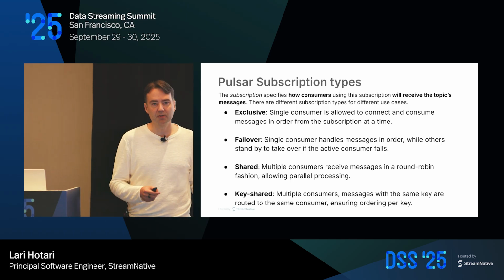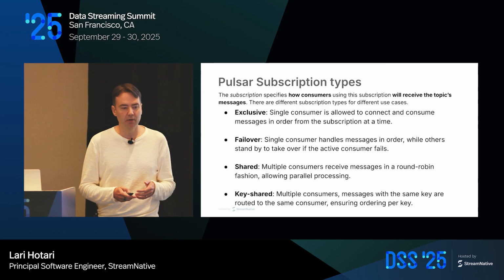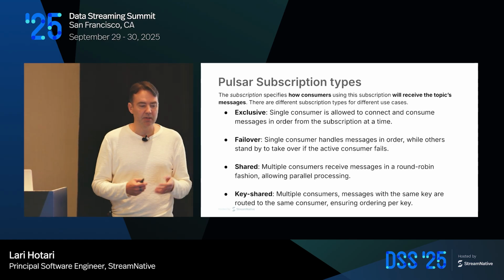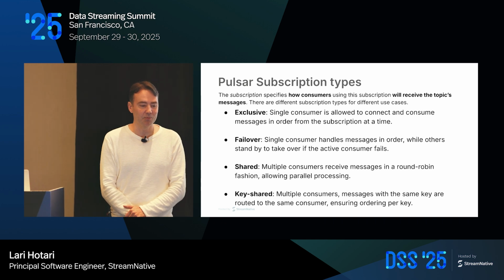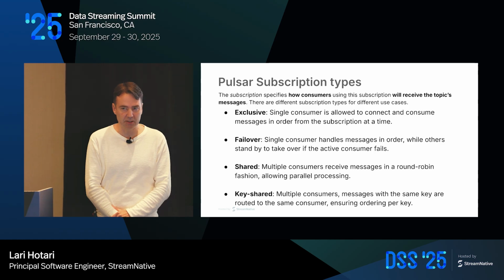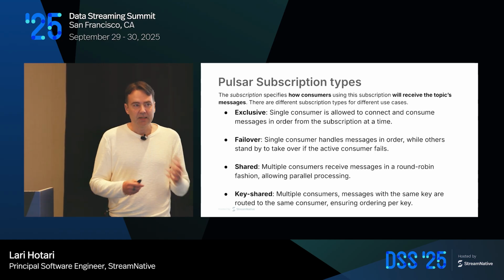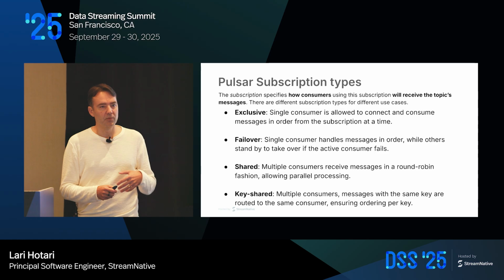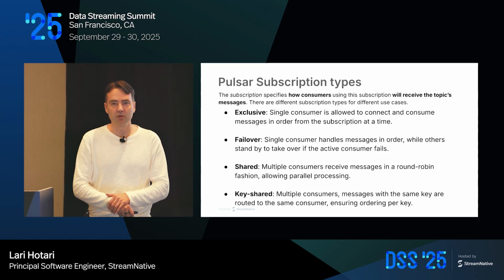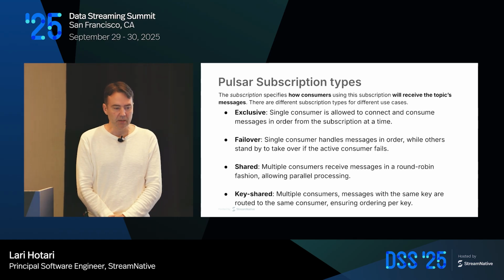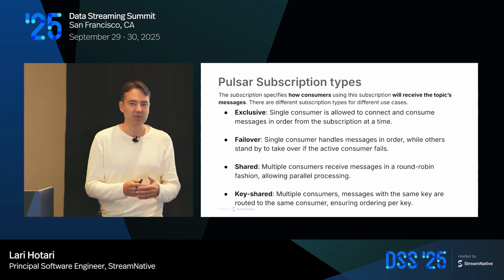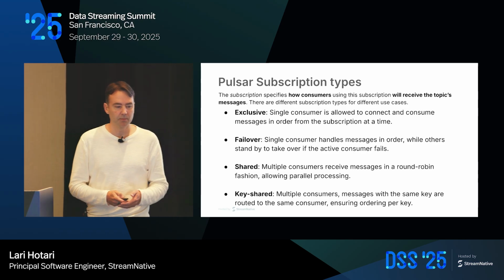And the shared subscription is typically used for scheduling different jobs across multiple consumers, in which it distributes in a round-robin fashion. But that doesn't give you ordered processing. So for that, there's the key shared subscription in Pulsar where multiple consumers can be connected, and the messages with the same key will always be routed to the same consumer.